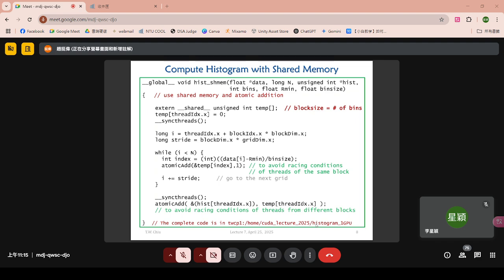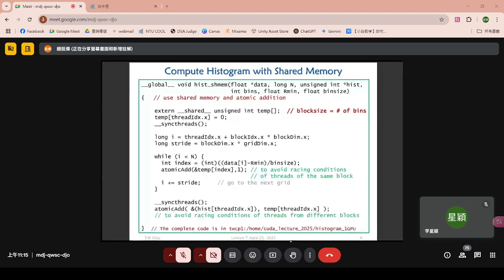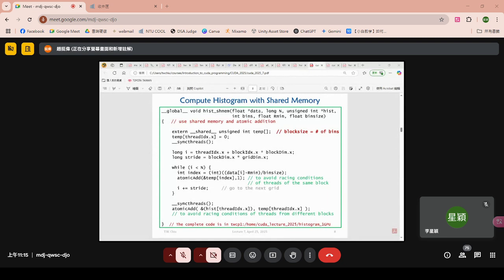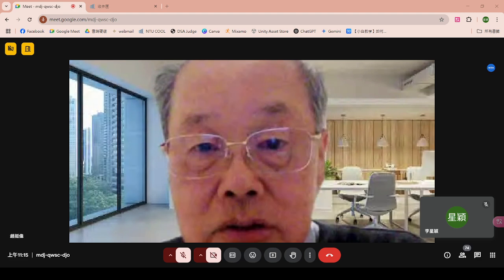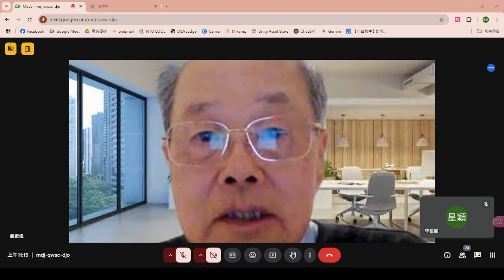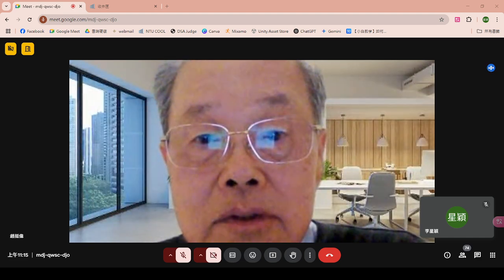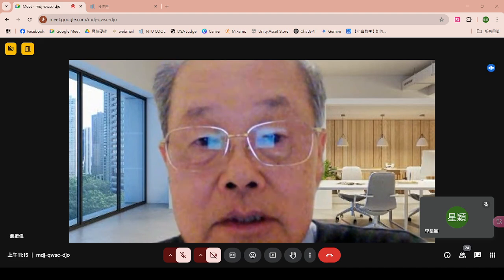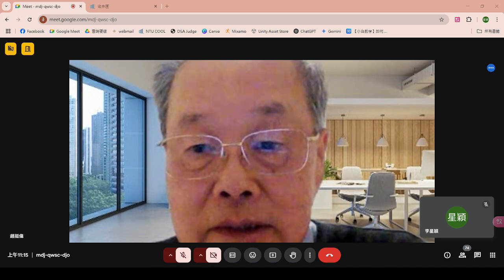Any questions about this? Let me go to the code, and then you can also ask questions. Let me stop this screen and switch to another terminal. This is the terminal screen.